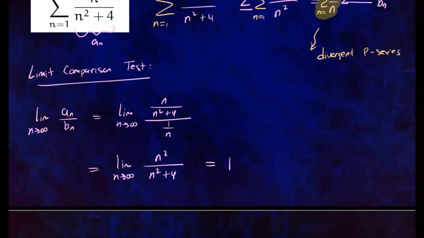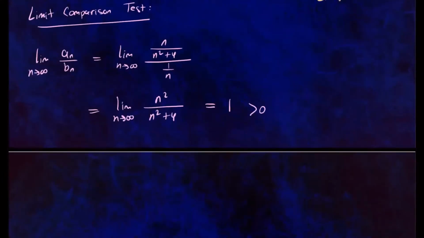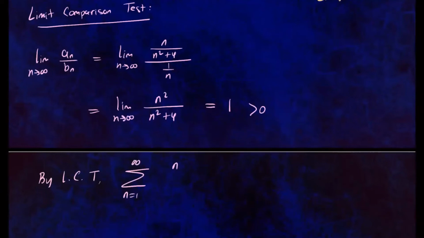Since this is 1, greater than 0, by limit comparison this series will behave just like the one we compared it with. Since the one we compared it with diverges, this will also diverge. They behave the same. So by the limit comparison test, the series from 1 to infinity of n over n squared plus 4 diverges.